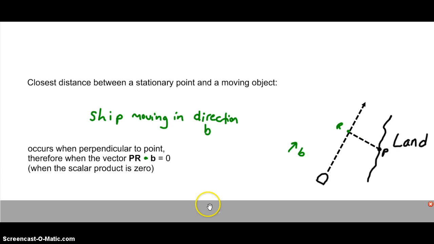Then, as you can kind of see, the closest point would be when it's perpendicular to the land. So the ship is moving along here.